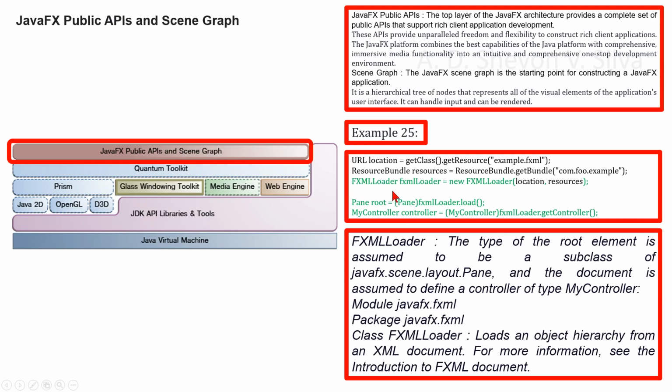The class FXMLLoader loads an object hierarchy from an XML document. The FXMLLoader class is responsible for actually loading an FXML source file and returning the resulting object graph.